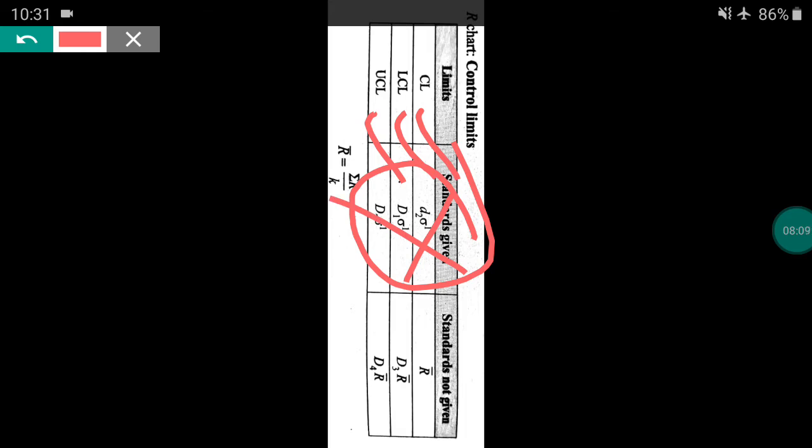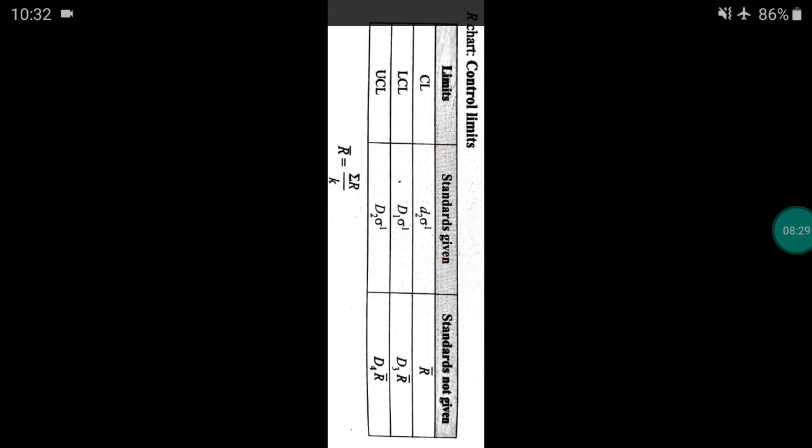We'll solve only the standards-not-given case. What is the formula? The first formula is CL is R bar. Next, LCL is D3 R bar, and UCL is D4 R bar. How to find the R bar?